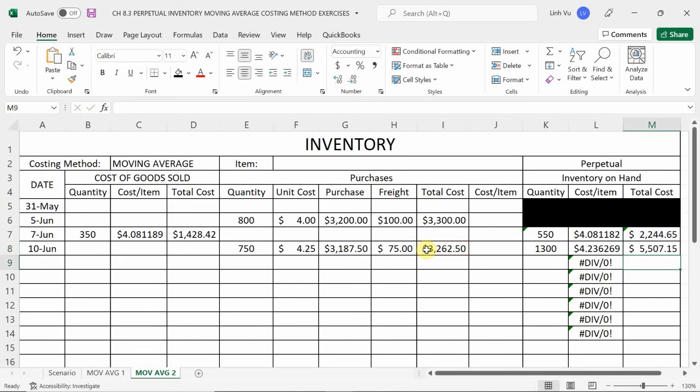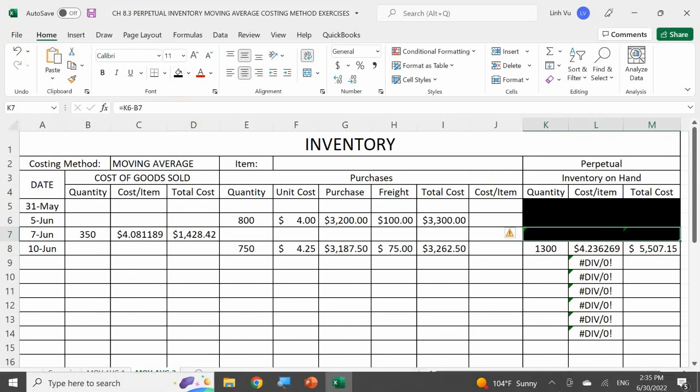Okay, giving me a grand total of 5,507.15, which will bring my new average cost to be 4.236269. Okay, so I can go ahead and eliminate that.